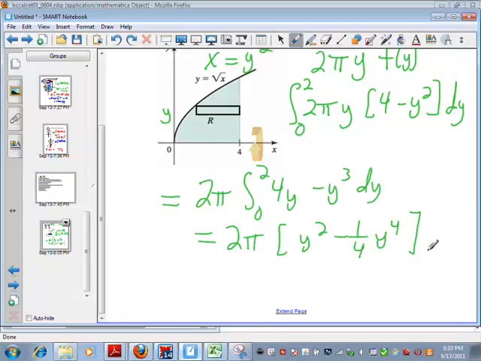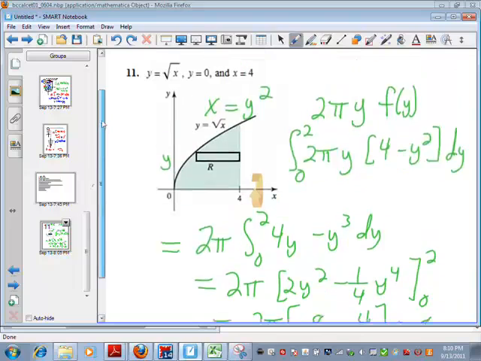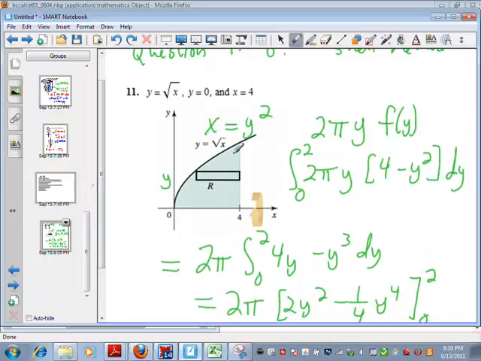We get 8 minus 4... 8 pi. We did it the other way and also got 8 pi. If I hadn't beaten this one to death, this is something I would have definitely given.